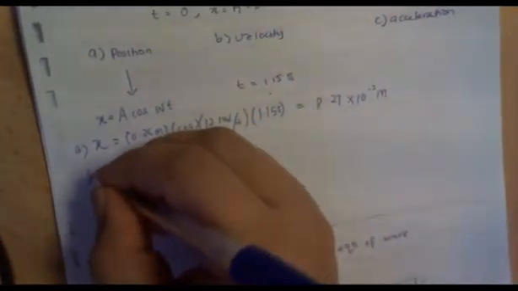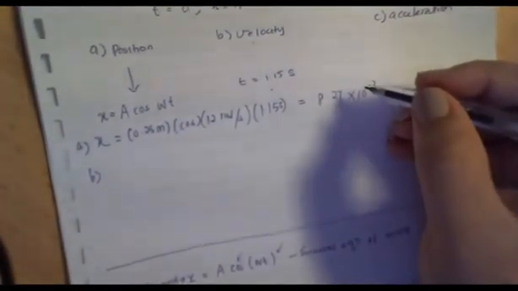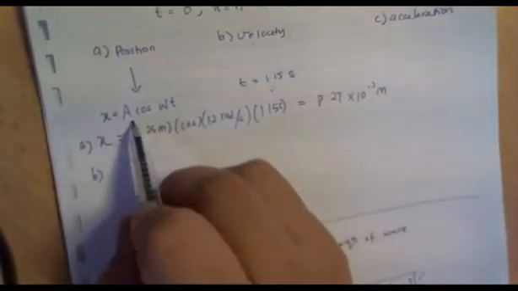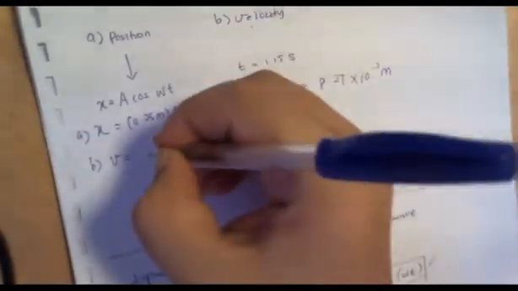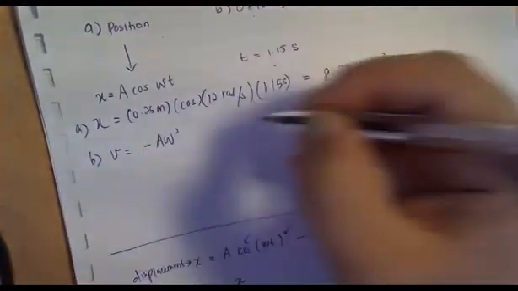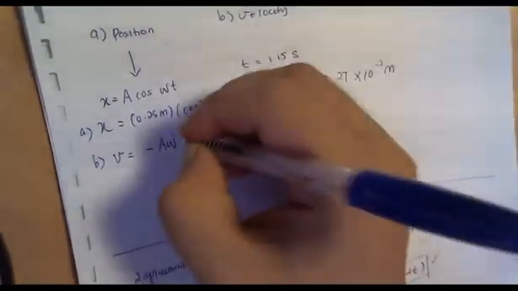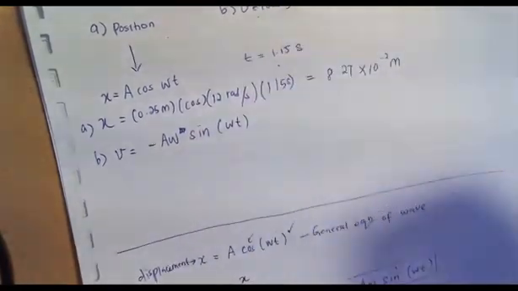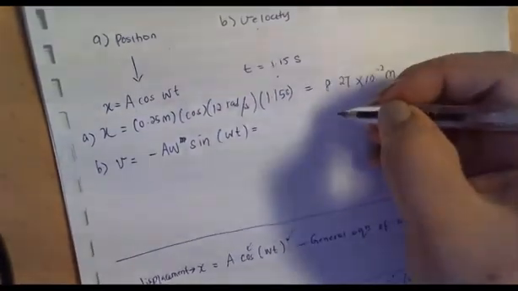So this is part A. Part B also needs the velocity. By differentiating these equations, you will get the equation of velocity, which is negative A omega sine omega t. Once again, substitute everything.